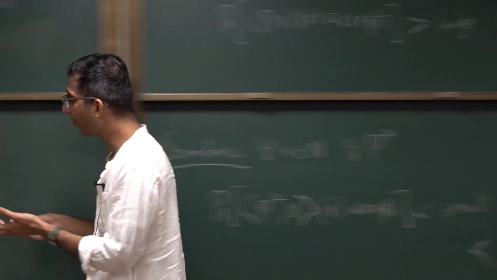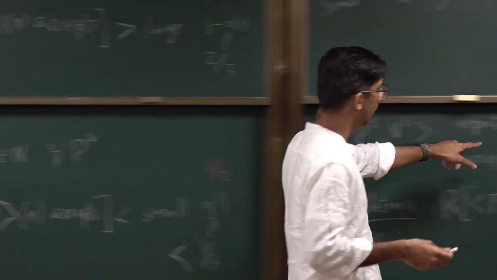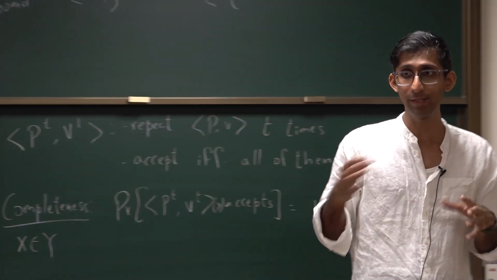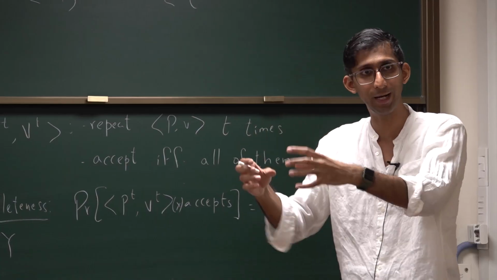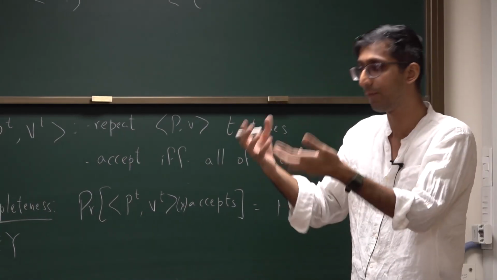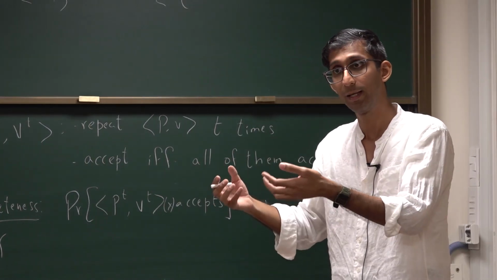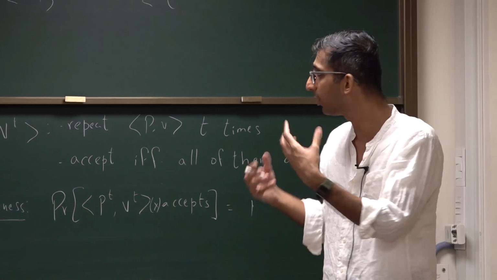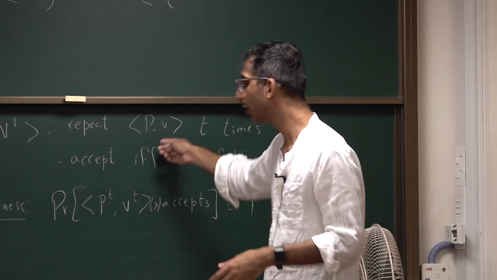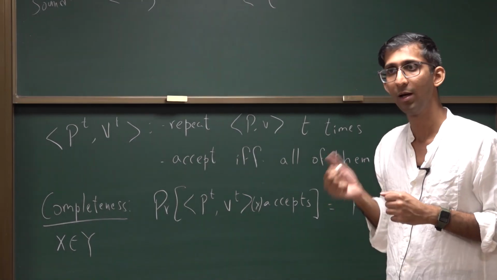But because the prover is also running the P algorithm independently every single time, the entire iteration is independent. Whether the protocol accepts in the first iteration is completely independent of whether it accepts in the second iteration, because you're starting anew. Both the prover and the verifier are running P and V, and they're running it independently in each case, right? So that is important. Yeah.